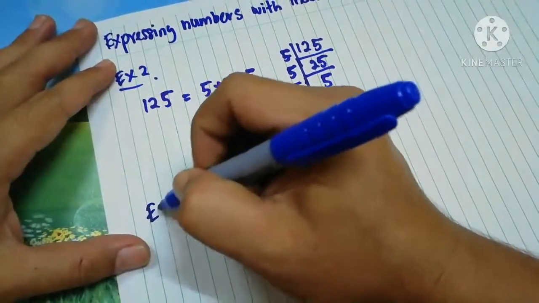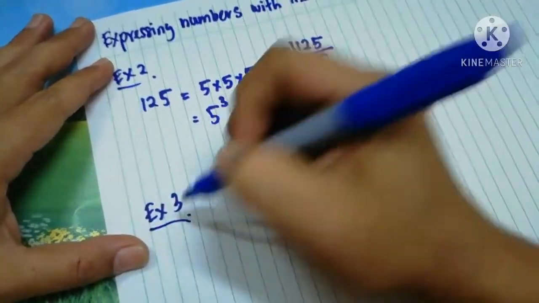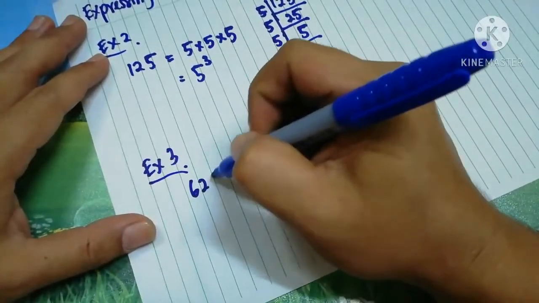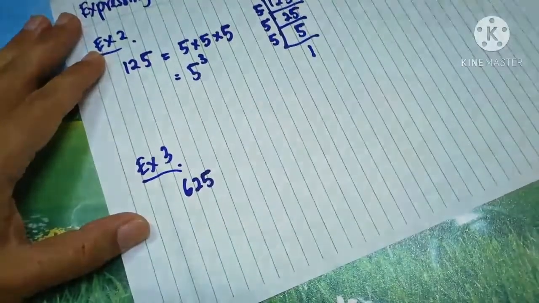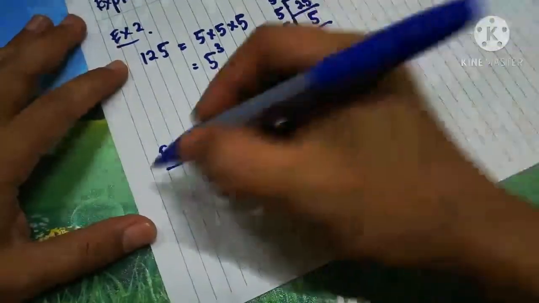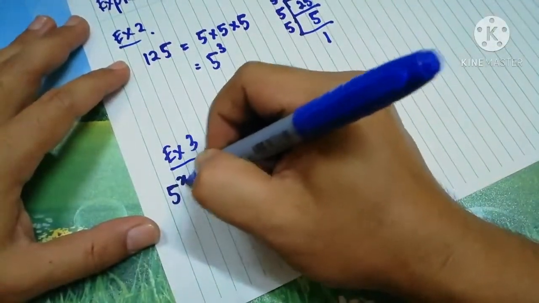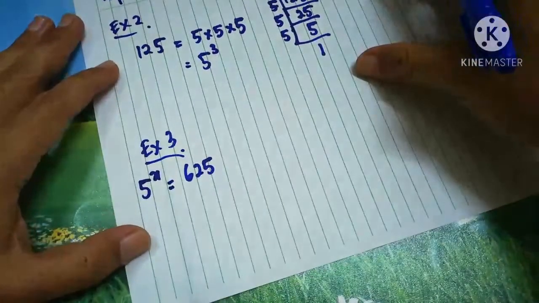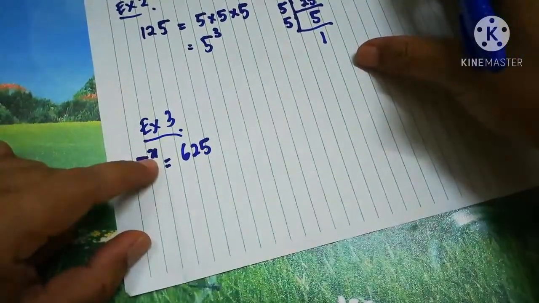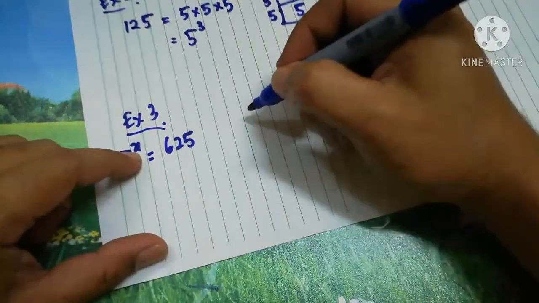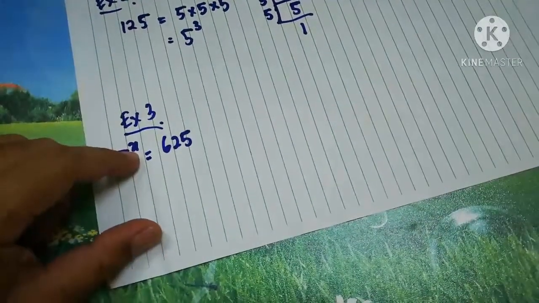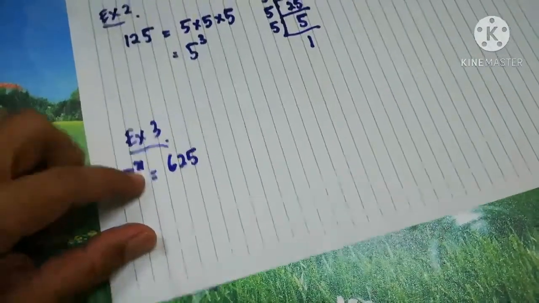Next, example 3. If 5 to the power of x equal to 625, so kita nak cari index ni. So kita boleh guna repeated division.